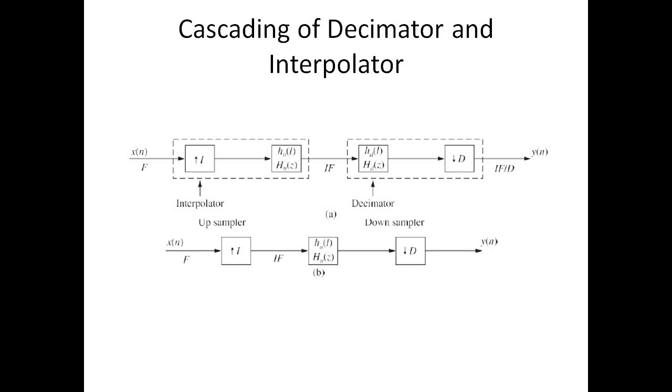Here we use the combination of interpolation and decimation. The upsampler and the downsampler are there, and in between we have two filters, which are combined together into a single filter. Diagram B represents the cascade process of the decimation and the interpolation.